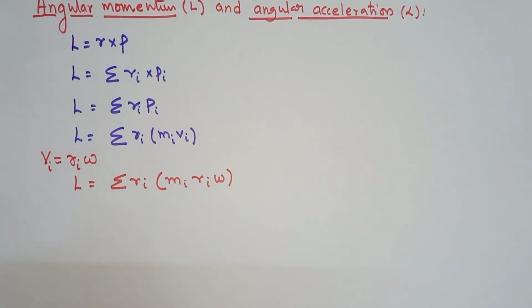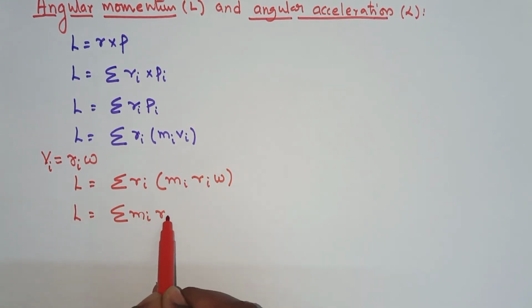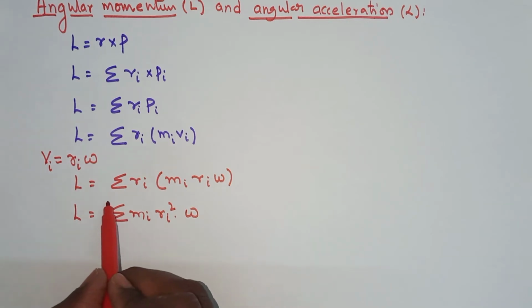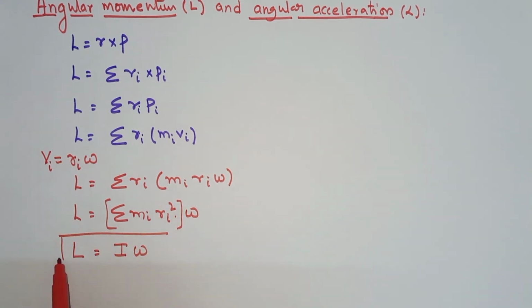L is equal to summation Mi Ri square into omega. What is this? If you write it separately, L is equal to summation over Mi Ri square, which is equal to I omega. L is equal to I omega.